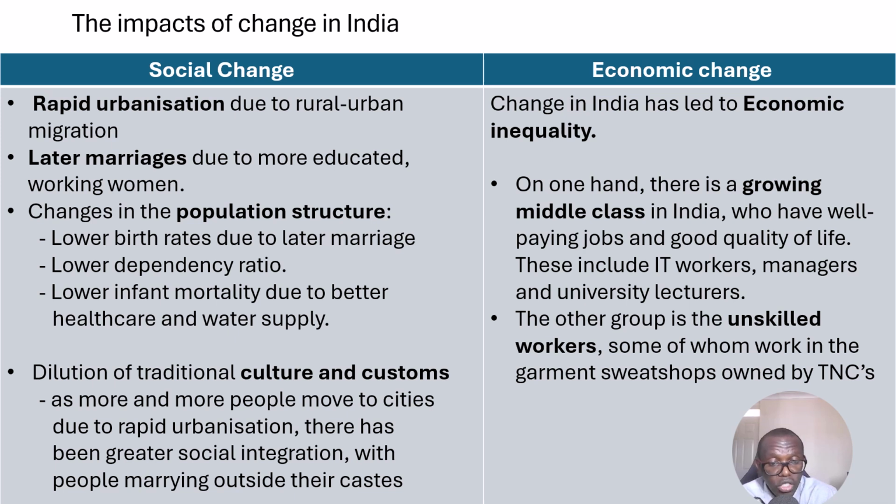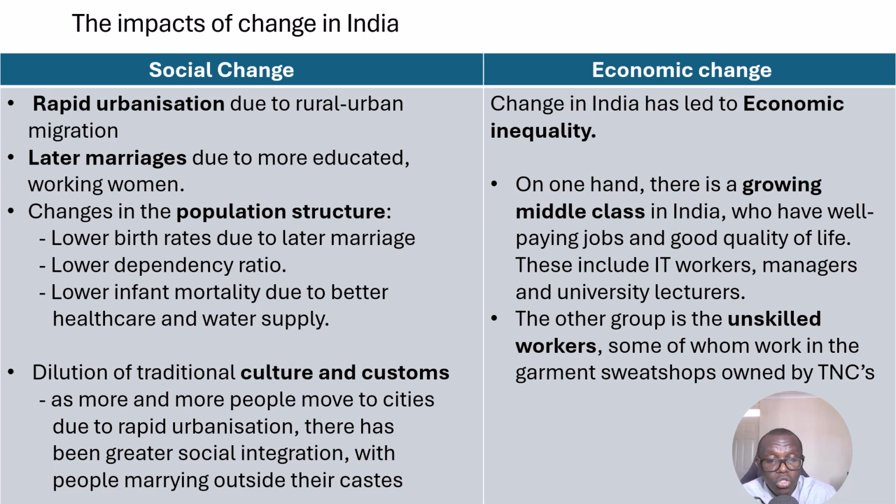Then the next social change that has taken place has been to India's population structure. Now, earlier on in this topic, we talked about population pyramids, and the population pyramid of India has changed as a result of its economic development. And one of the changes to the population pyramid of India has been due to the lower birth rates. Now, these lower birth rates are due to the later marriages that we talked about a little earlier.